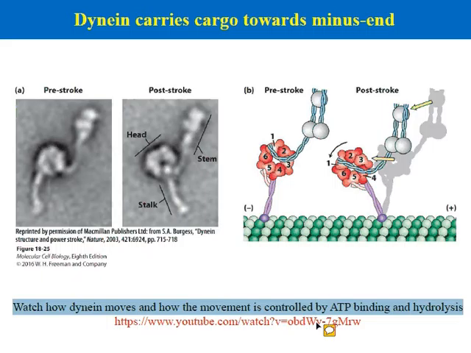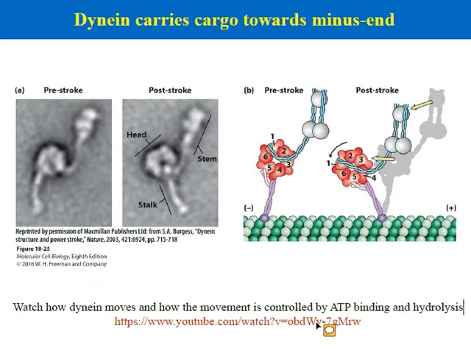So if we go back to this, initially, the yellow means the linker region is in a conformation where the dynein has not bound to ATP. So this is bound to ATP. And this is the stalk, this is the microtubule binding.